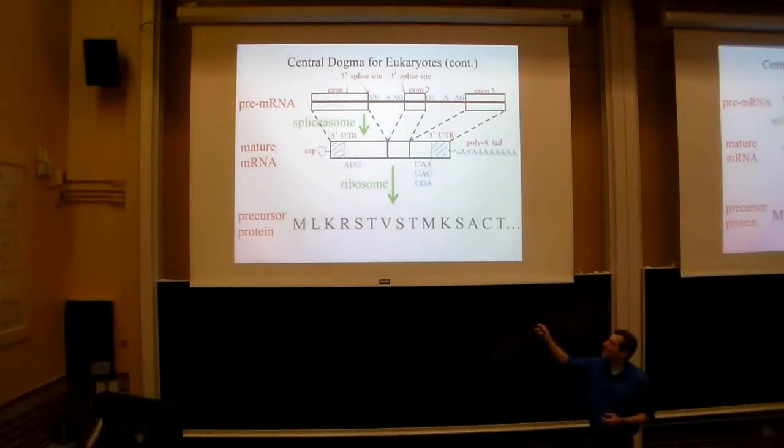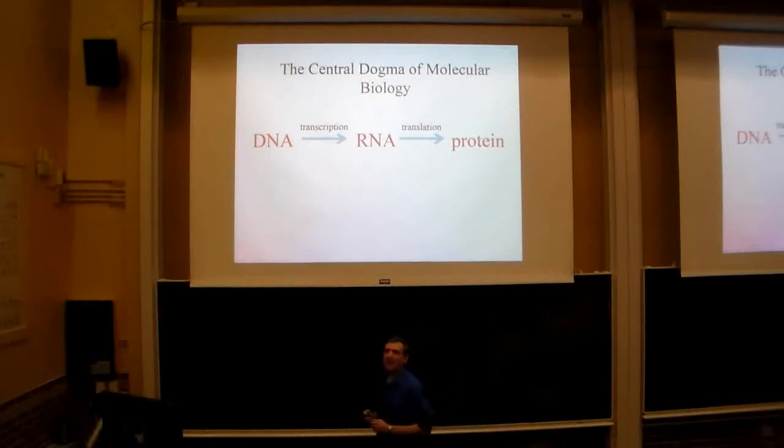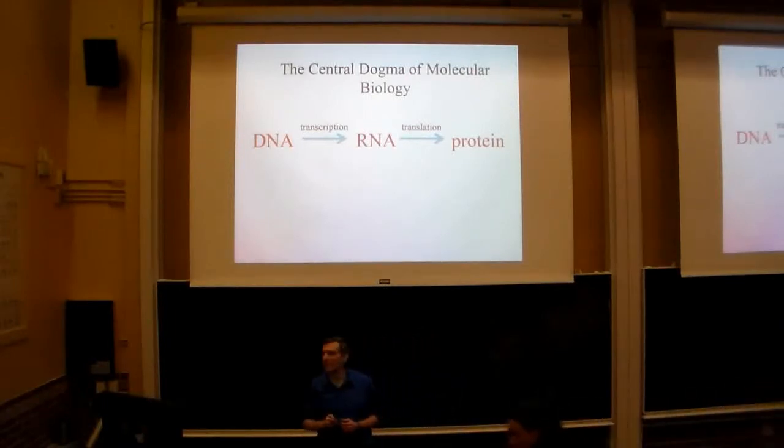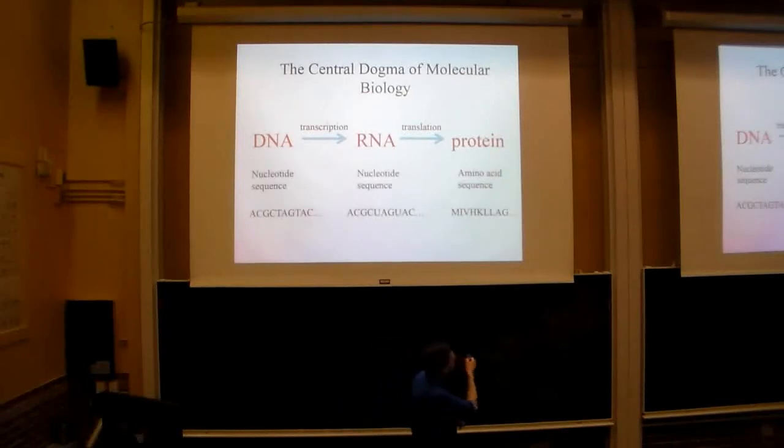And then that, again, would have signals that would identify that a ribosome should be producing protein sequences from this. So that basically is the central dogma, and that gives rise to the three main kinds of sequence data we'll be seeing this term. So DNA sequences, RNA sequences, and protein sequences.